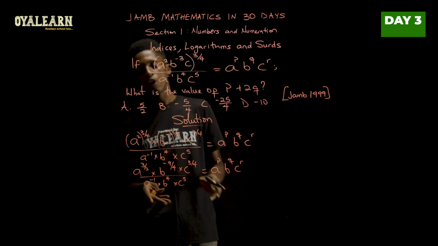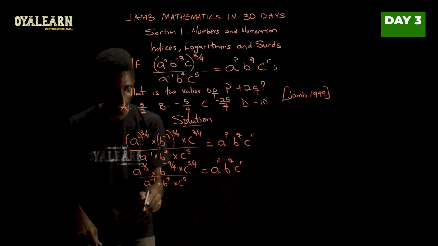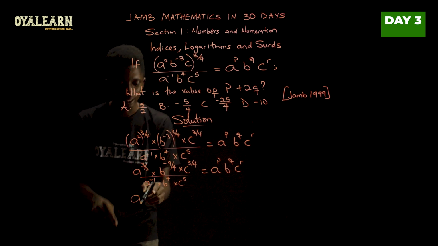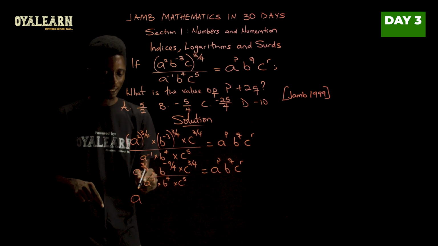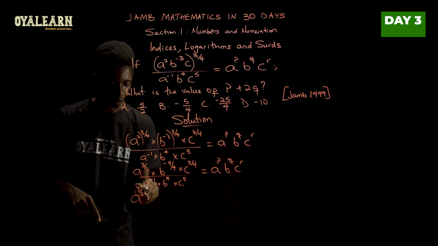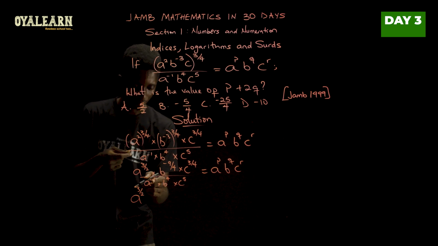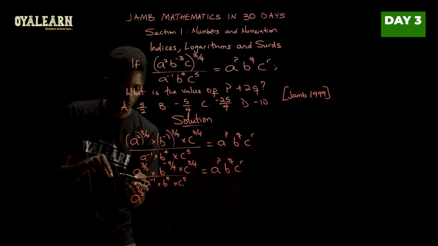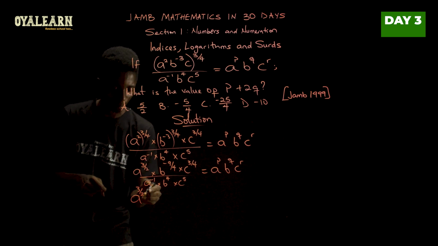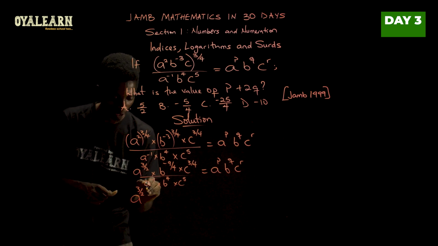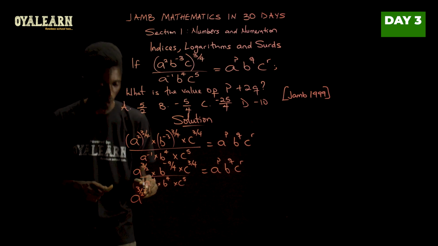Now applying the laws of indices, we can then write this as a, and then it will be 3 over 2 minus minus 1. Because we are using division here, it will be subtracting the powers. So that will be minus minus 1, which becomes plus 1.